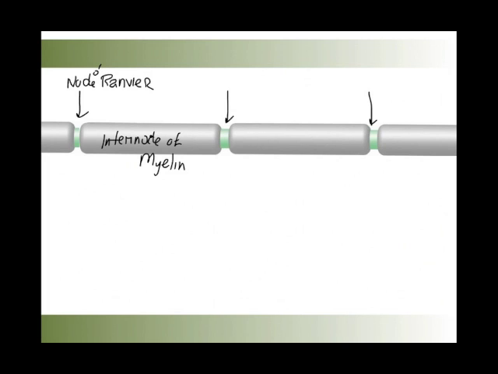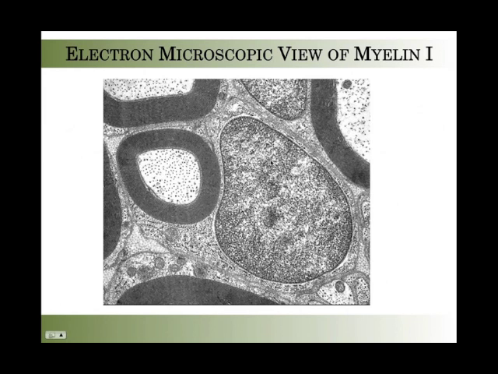So now what we're going to do is see what happens when we cut this in transverse section and look at it at very high power on the EM. This is sort of what we see. Alright, so let me point out a few things. The first thing to point out is that this is the axon, and I can draw the border of the axon plasma membrane like this.